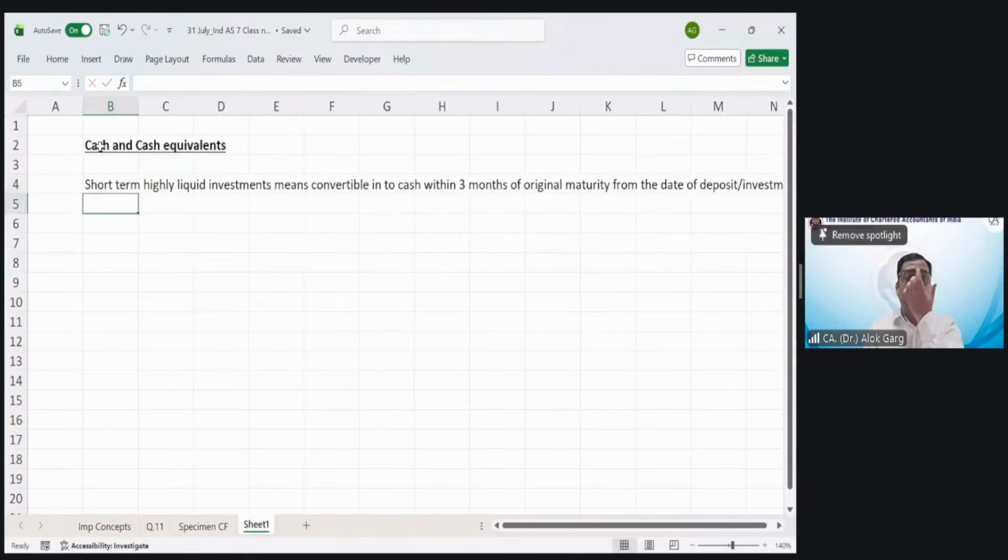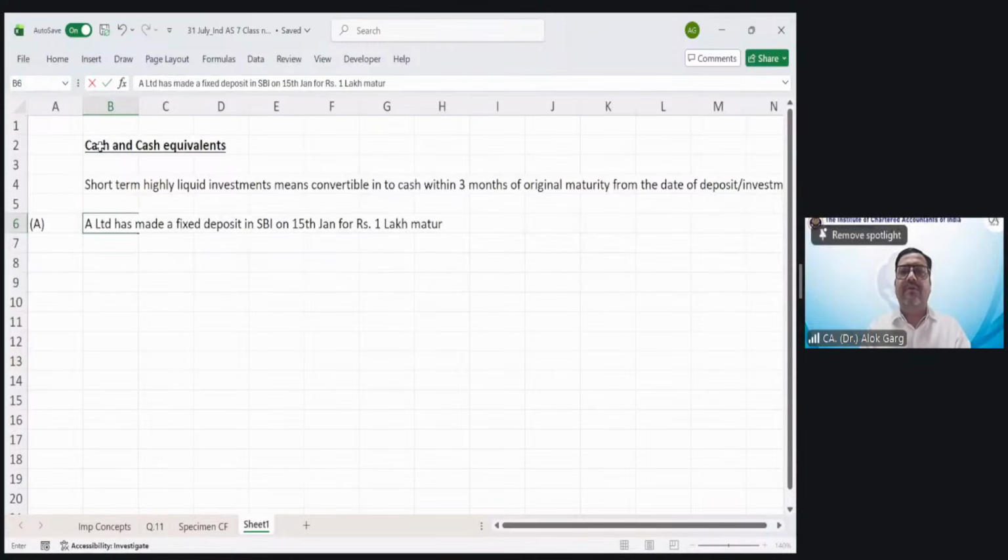Okay. Now let's discuss 3 scenarios. Scenario number A. A Limited has made a fixed deposit in State Bank of India on 15th January for rupees 1 lakh, matured on 15th April 2026.